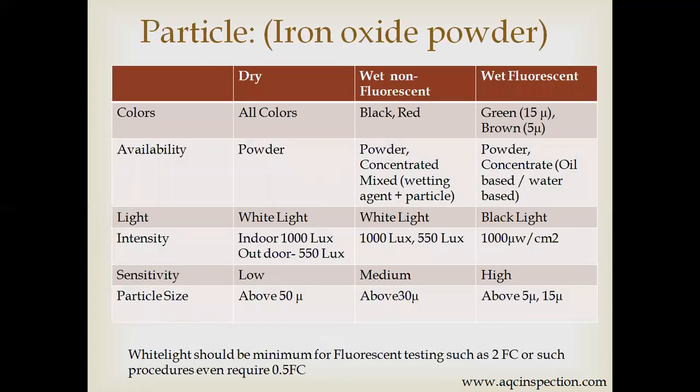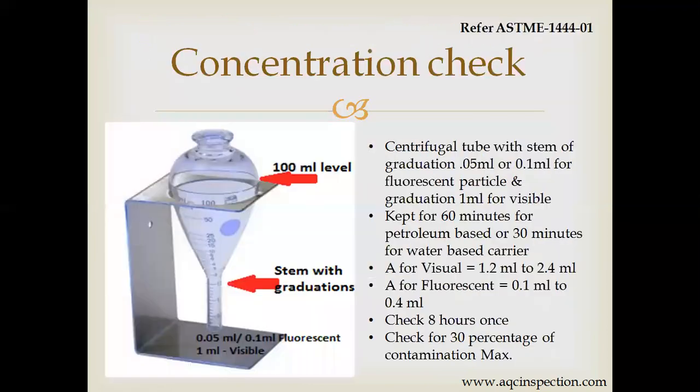MPI particles. MPI particles are ferrous particles of different colors. There are dry and wet particles, also fluorescent and non-fluorescent particles. The particle concentration can be checked using the centrifuge tube method.